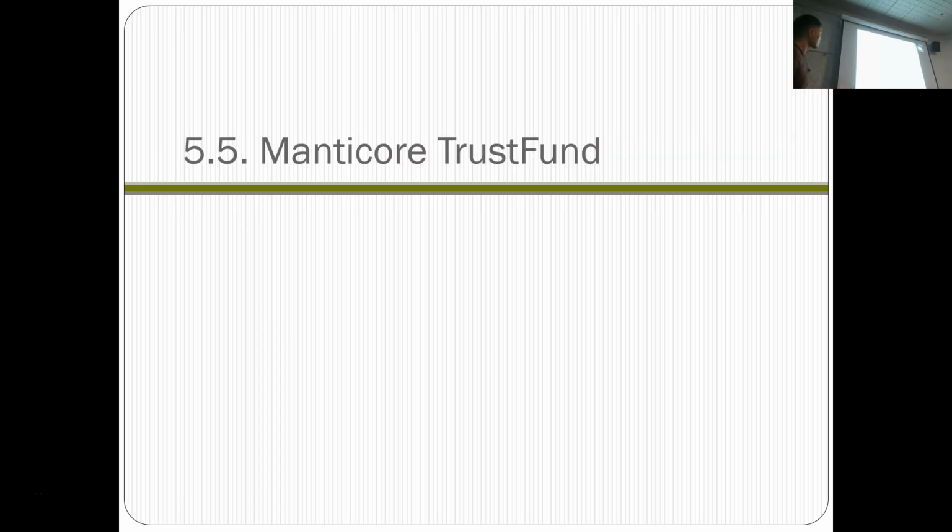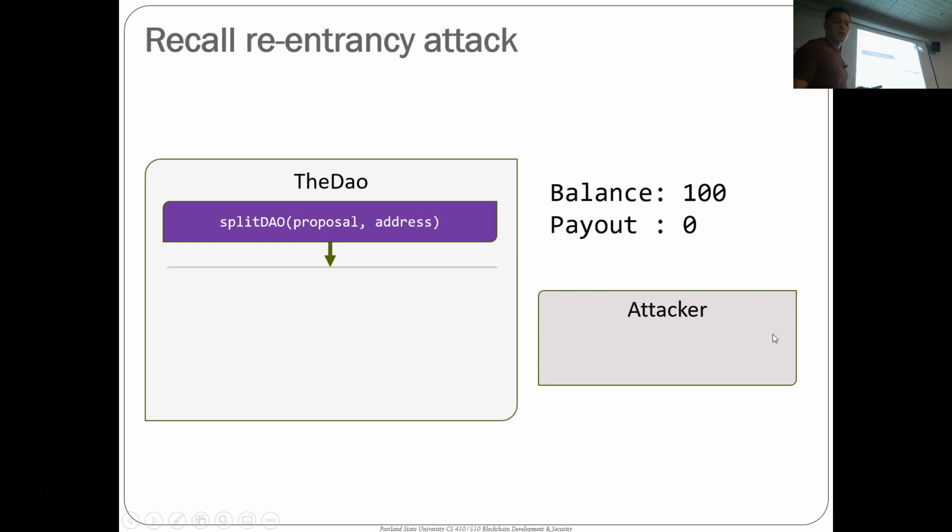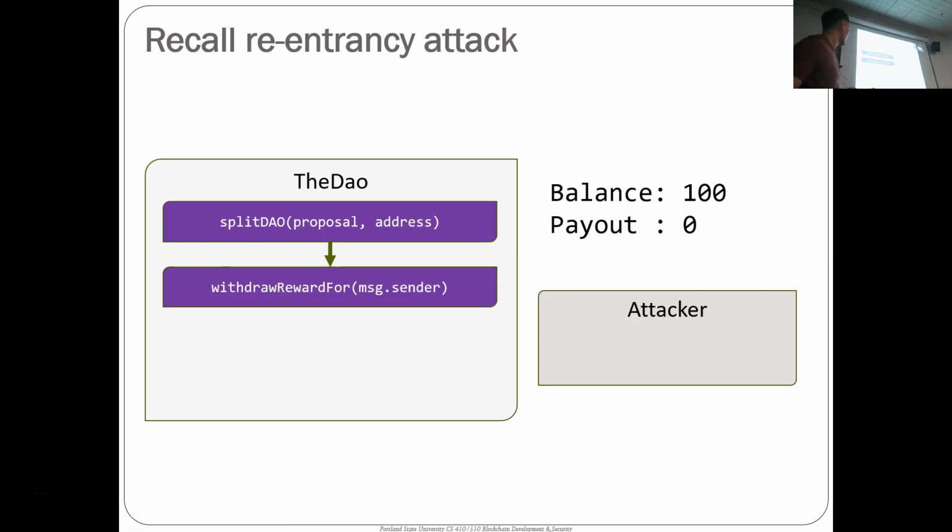So this leads us to the last Manticore level, and this is the hardest one. This is the hairiest one, the trust fund one. So if you remember the reentrancy attack, this is the thing where you're doing a recursive call back into this contract. So the attacker calls a vulnerable function, split DAO, and then this split DAO will eventually reward the sender with some money.